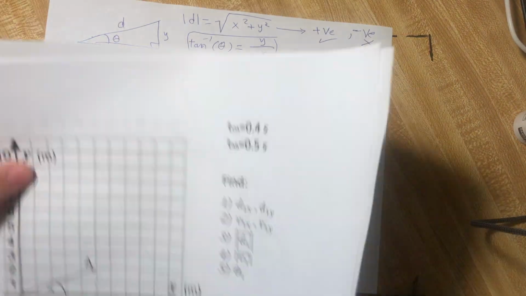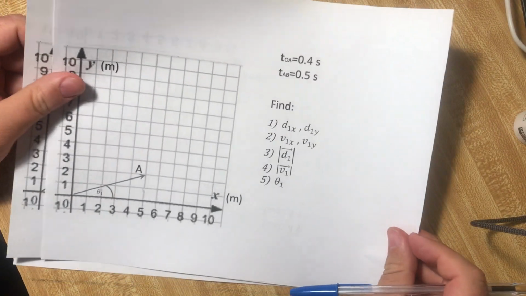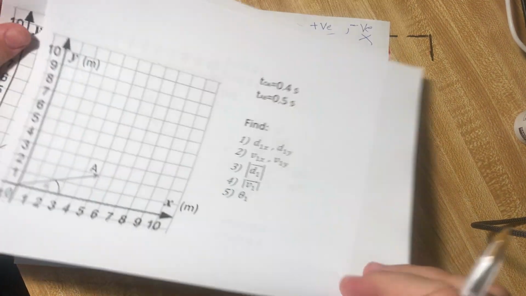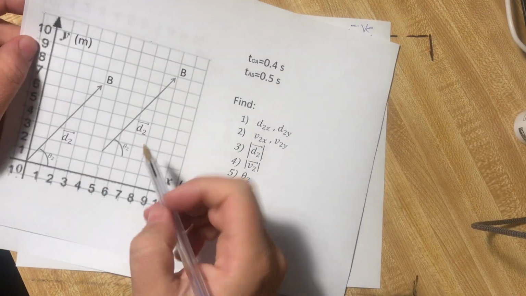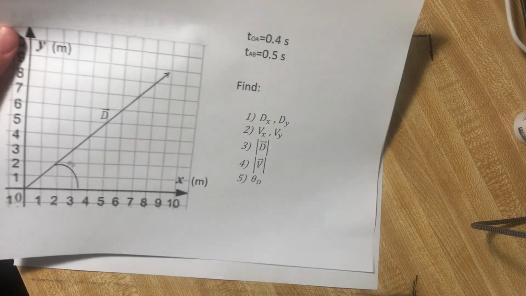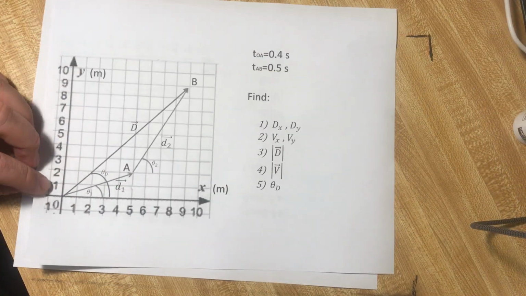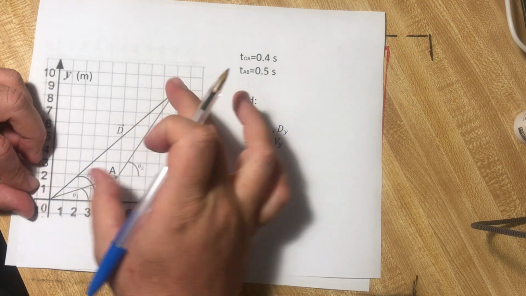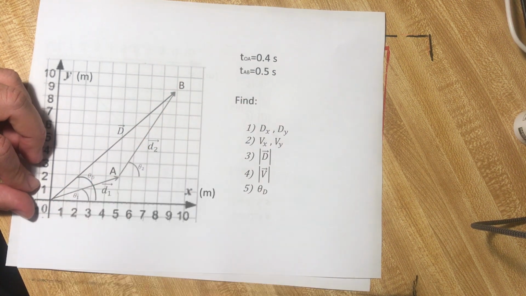I separated this question into pieces for you to compute each vector and each requirement alone. This is the second vector. You can move it to the origin, and this is the resultant one, and this is the final result. You can find the resultant vector from these two vectors.